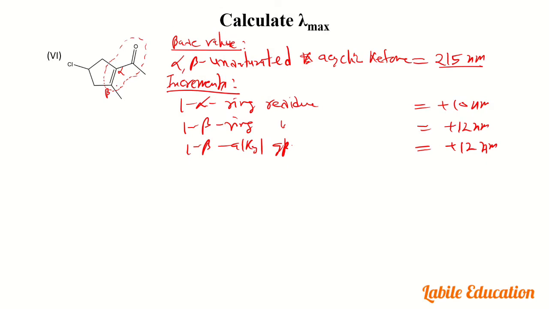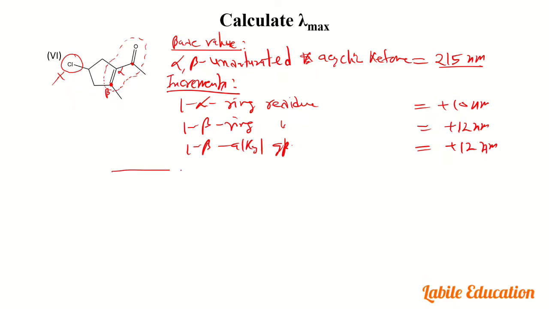And is there any other thing? Yes, there was Cl, but this is not on the conjugated system. The conjugated system starts from here and goes up to this carbon. So this is not in the conjugated system. So this will not contribute anything, no increment because of the Cl. This is out of the conjugated system.